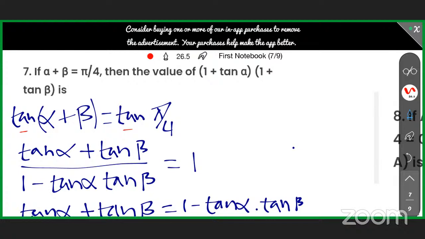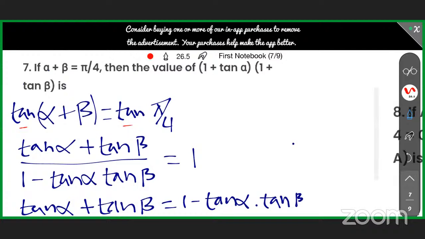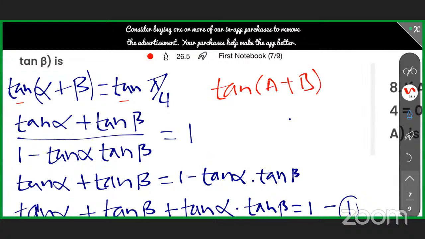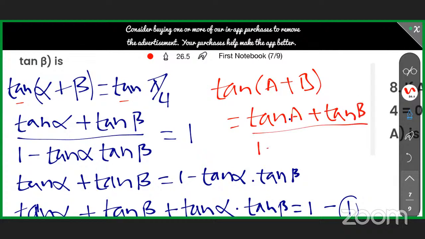For the left hand side, I will use the formula: tan of (A plus B) is equal to (tan A plus tan B) whole divided by (1 minus tan A into tan B). Based on this, I simplify my left hand side.